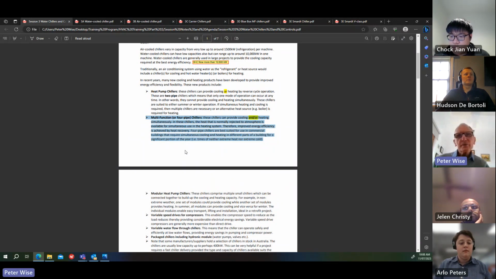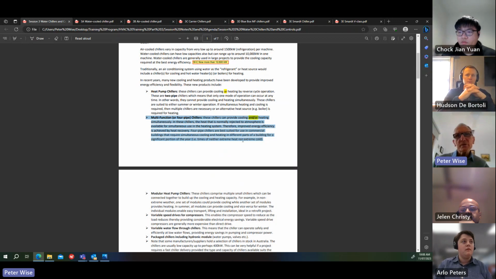4-pipe chillers are best suited for use in commercial buildings that require simultaneous cooling and heating in different parts of a building for a significant portion of the year. So in other words, in times of neither extreme heat or cold.